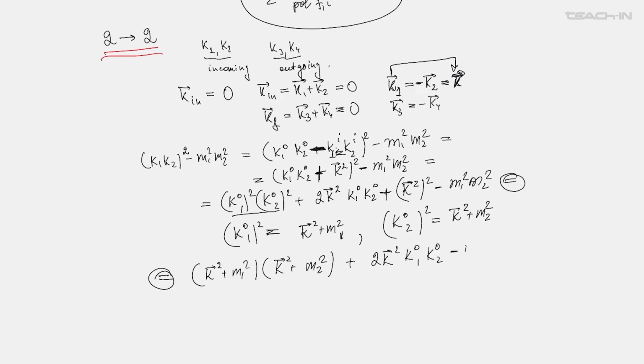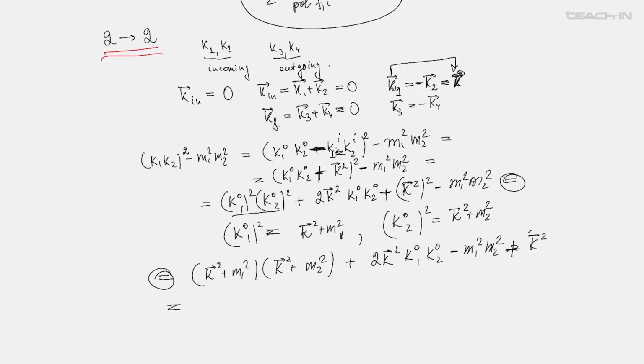So if you open the brackets, let's see what we get. One thing which I also missed is this k squared squared. It's coming from this term here.